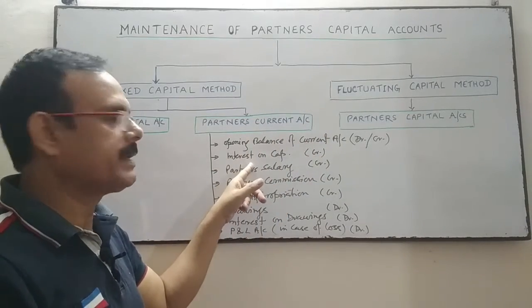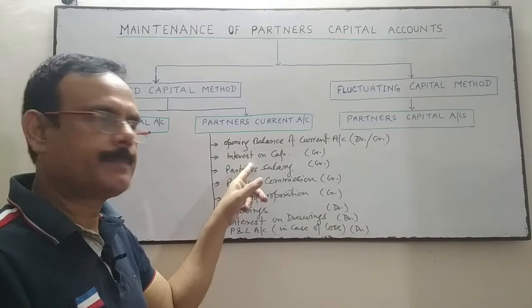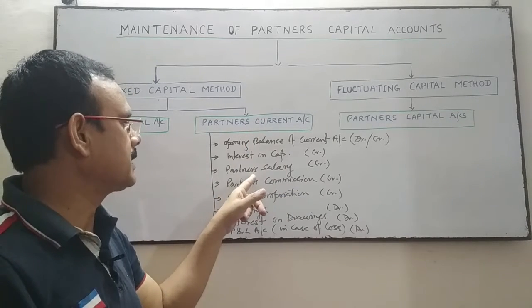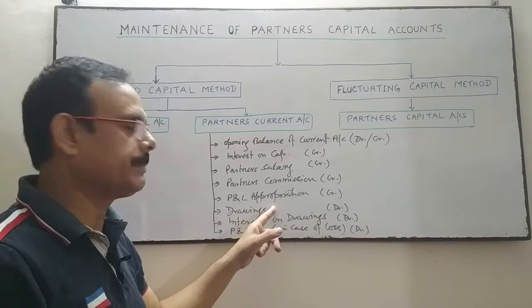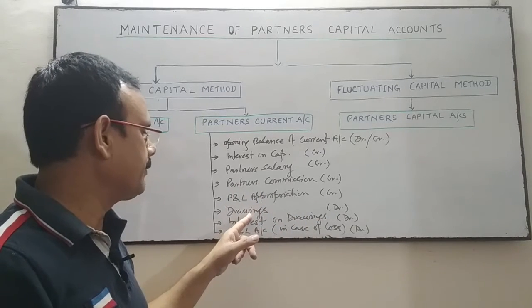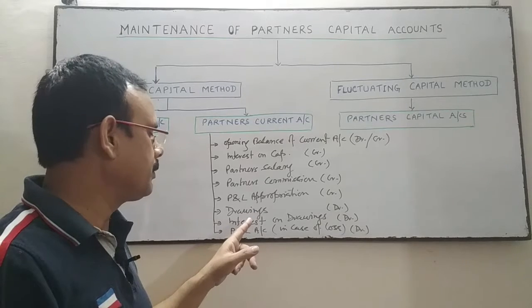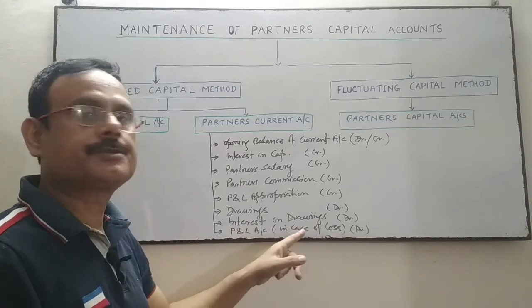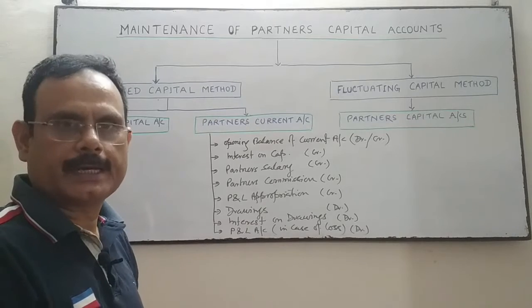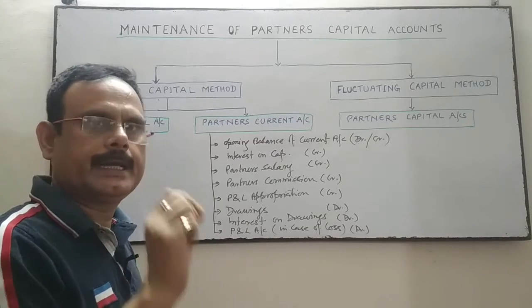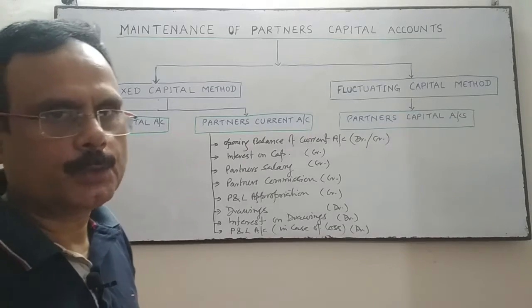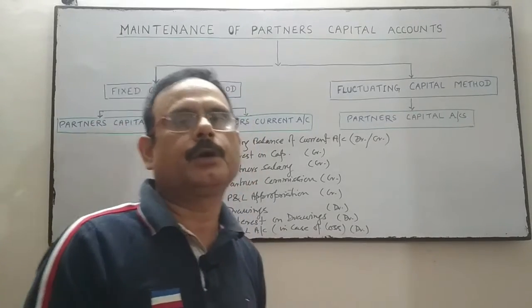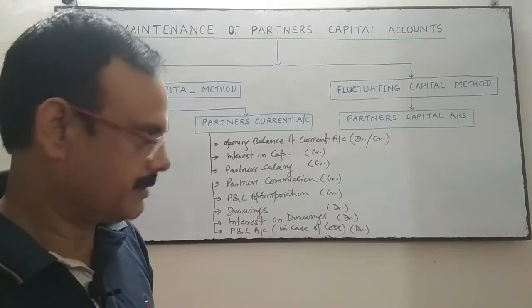Next item will be interest on capital, which will be credited to that account. Partner's salary will be credited to that account. Partner's commission, profit and loss appropriation will be credited. Drawing will be debited to that account. Interest on drawing will be debited, and profit and loss in case of loss will be debited to that account. And finally, at the end, we'll find out the closing balance of current account. That closing balance may be the debit balance or the credit balance.